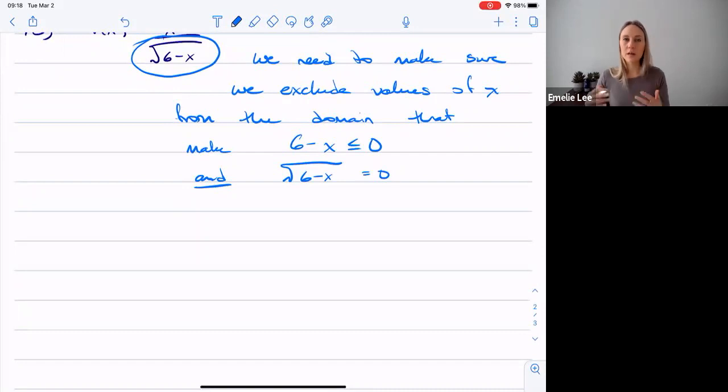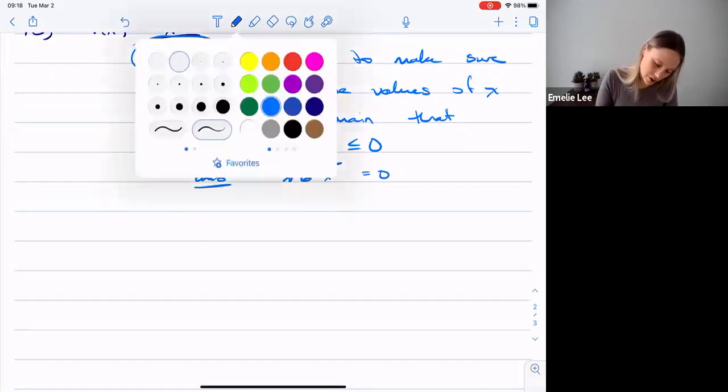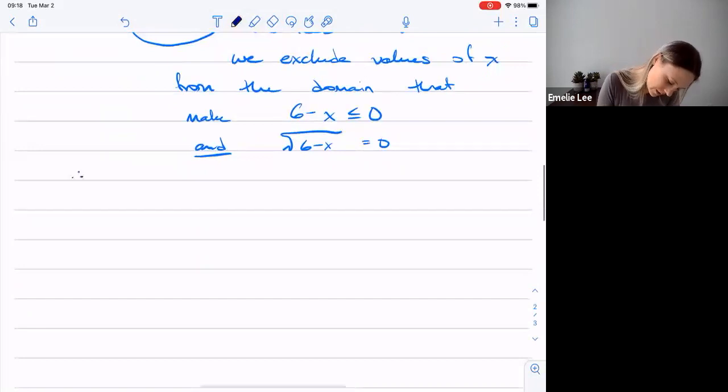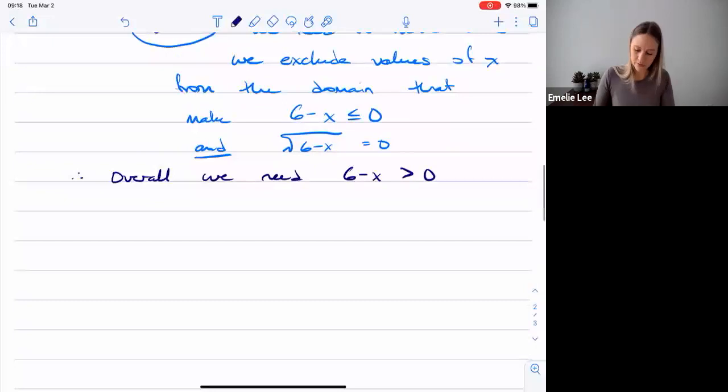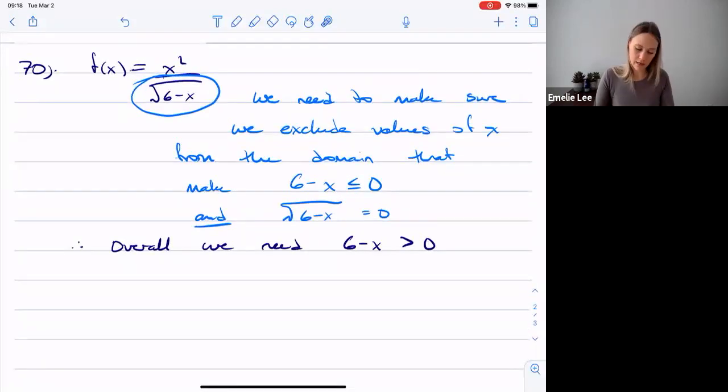So what does this amount to? Therefore, overall, we need 6 minus x to be greater than 0. I need to not take the root of 0 because then I'm dividing by 0. Okay, so that takes care of that part. But then I also need to make sure that 6 minus x is always positive because I can't take the square root of a negative number.